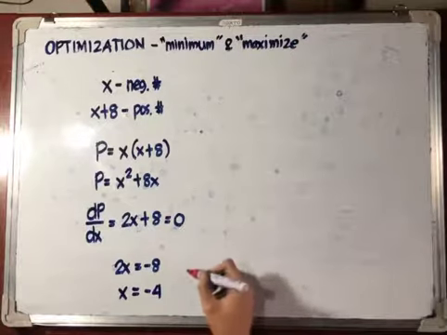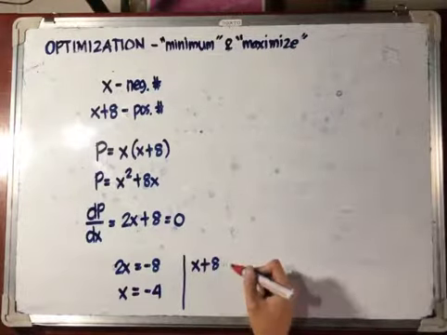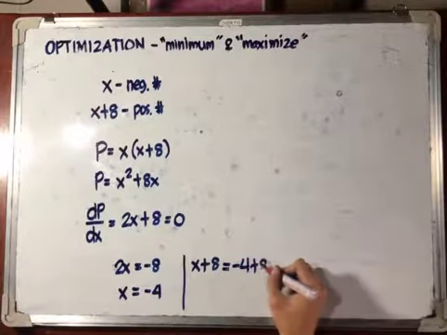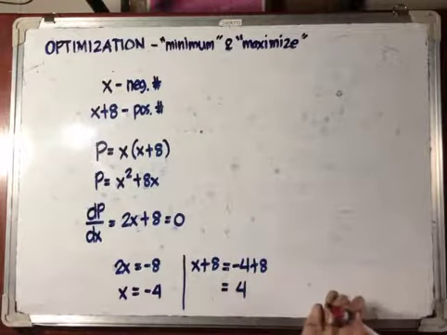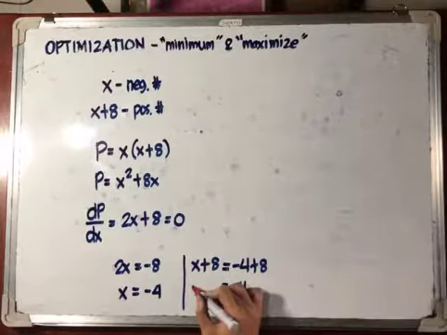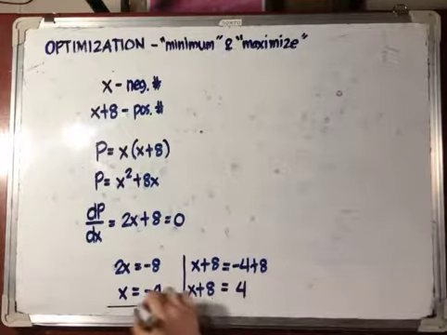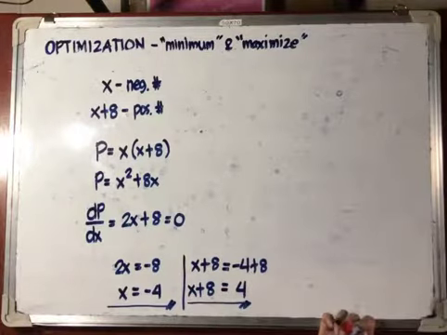And consequently, our positive number, x plus 8, would be negative 4 plus 8. That is positive 4 naman. Okay? This one is our x plus 8, positive 4.